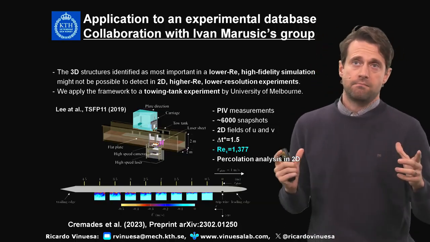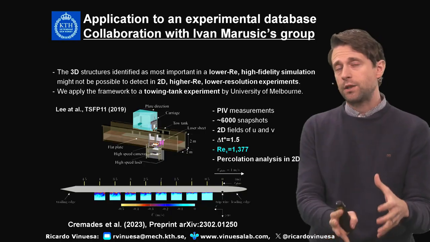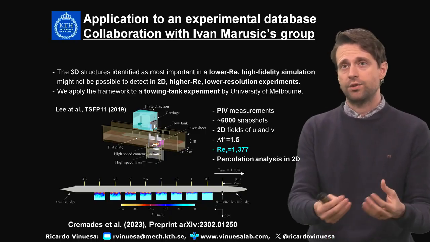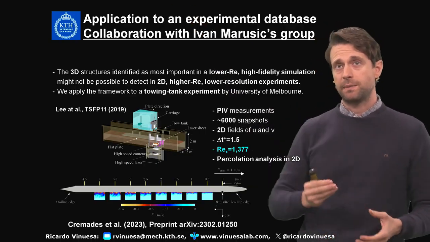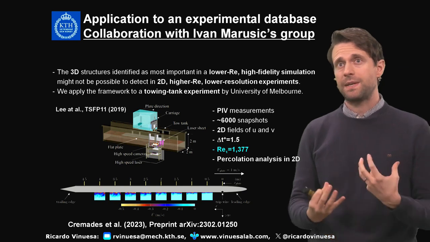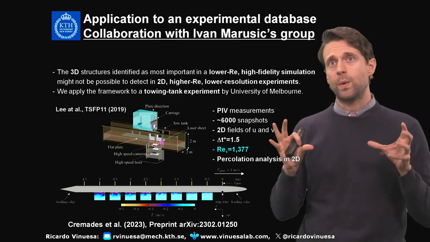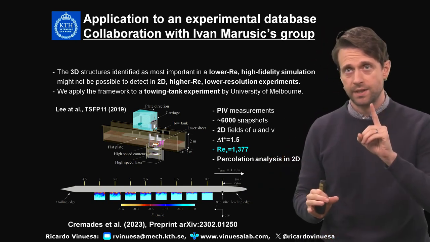Now, a low Reynolds number DNS might not be exhibiting the same important extractors as a very high Reynolds number experiment, because the physics changes, right? So there's going to be a difference in Reynolds number when it comes to what is more important. That's the first thing.